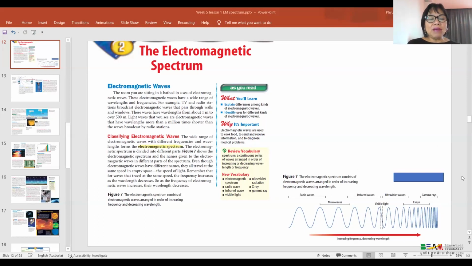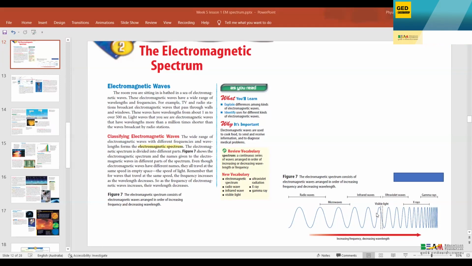So when you look at the frequency, can anyone relate the frequency to temperature? When do we have the particles vibrating more, at lower temperature or higher temperature? Higher temperature, the more vibration, which means there will be more frequency. Everyone agrees? Yes, okay.